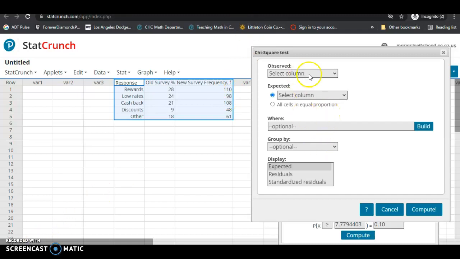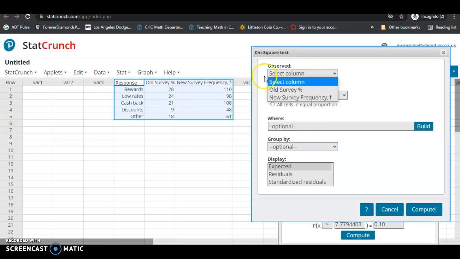So I'm going to select the column that contains the observed frequencies, which, according to the table, is the column titled New Survey Frequency.